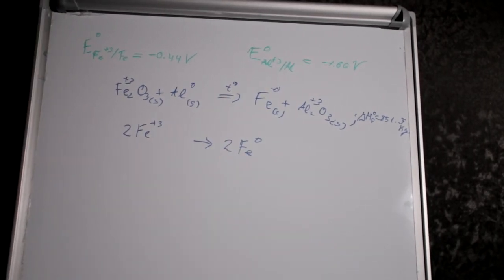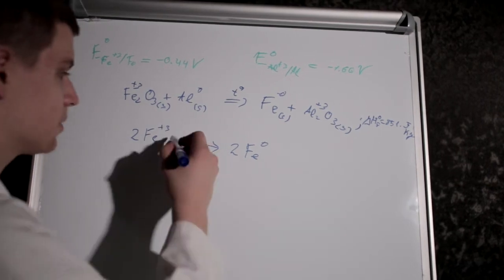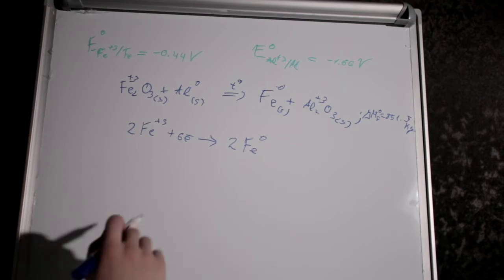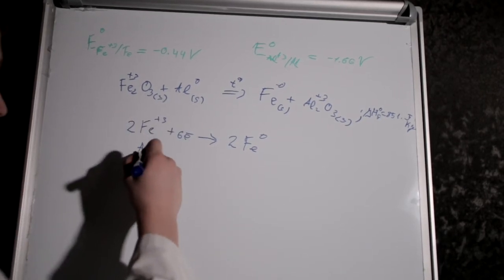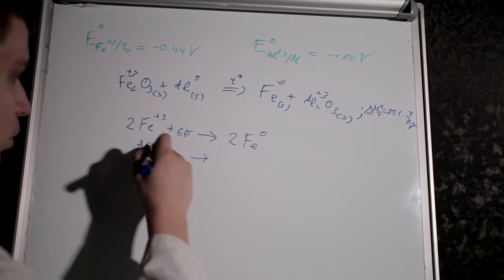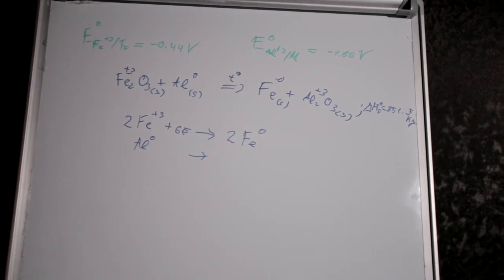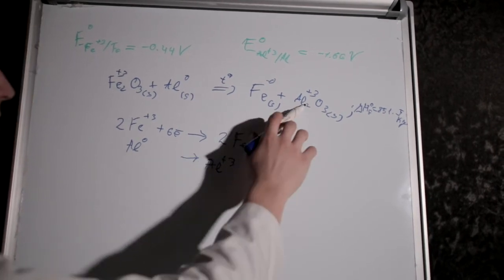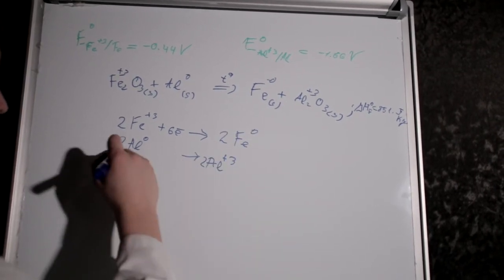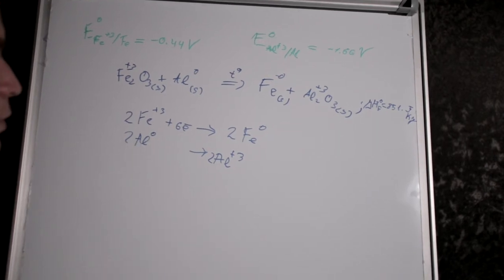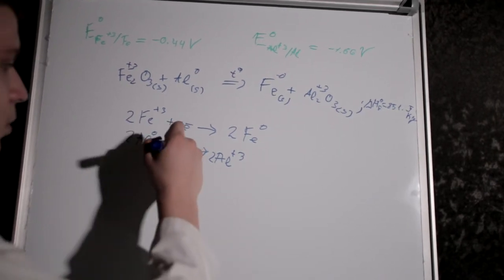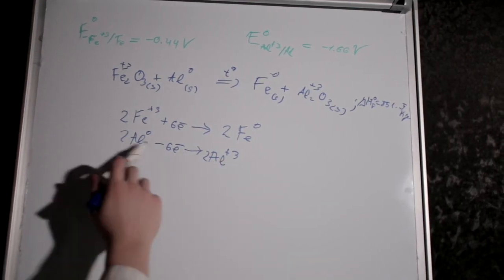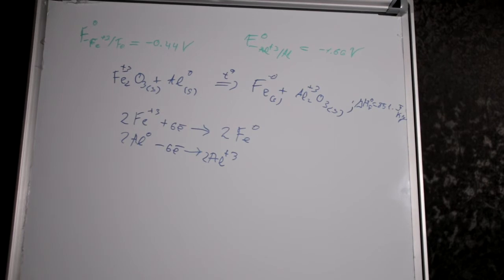This means it should have gained 6 electrons, plus 6 electrons. And the aluminum with 0 changes into the oxidation state +3. And then here is 2, so we put 2 here and 2 here, and it needs to give 3 electrons, so minus 6 electrons, because there are 2. We need to give 2 multiplied by 3, it's 6.